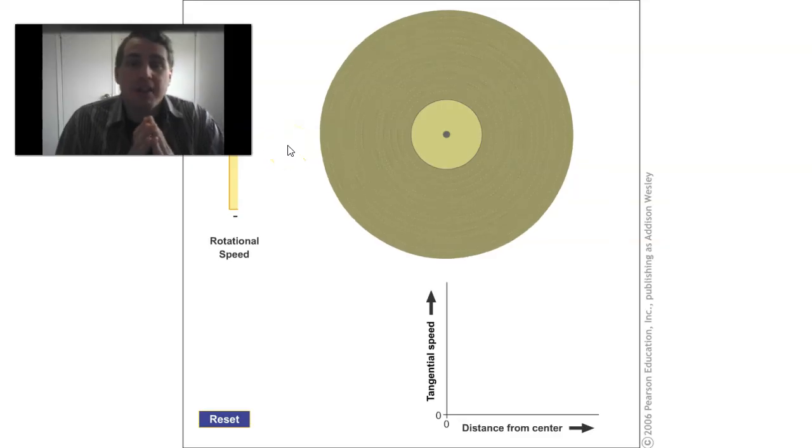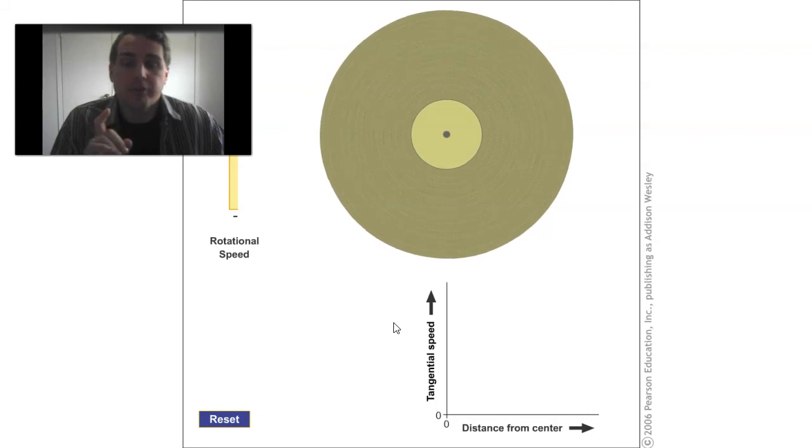So what I now have here is a turntable, which is going to be another example of uniform circular motion. Also note that with this turntable, I can click and put several different particles on it, and we'll see how the tangential speed is going to be different for each of them, but the angular speed will be the same.